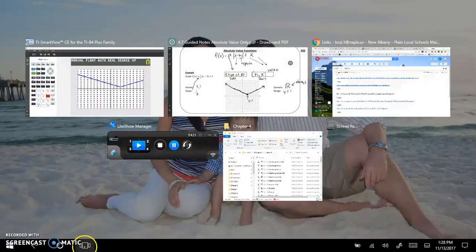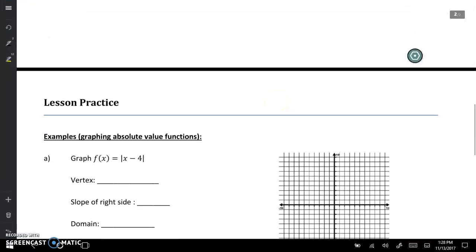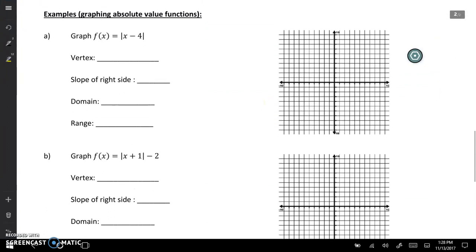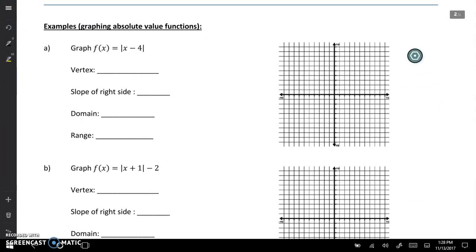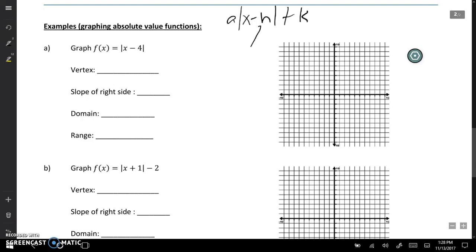Let's do a couple more practices. We'll do this one together. Look at A. Remember, it is a absolute value of x minus h plus k. So there's your x value, there's your y value. In this case, your x value is 4. There's nothing over here, it's like plus 0. So it's (4, 0). The slope of the right side is whatever's in front.